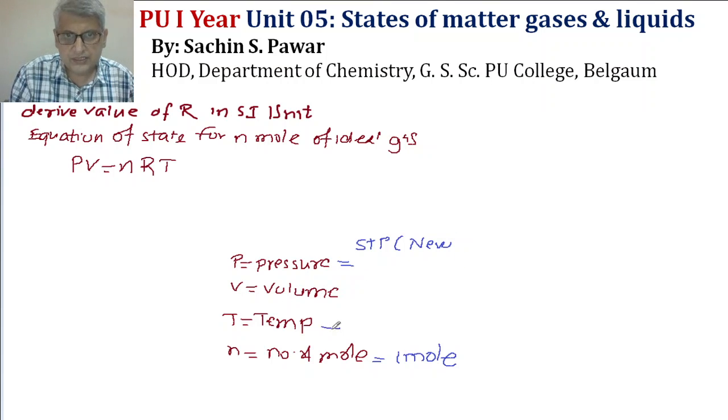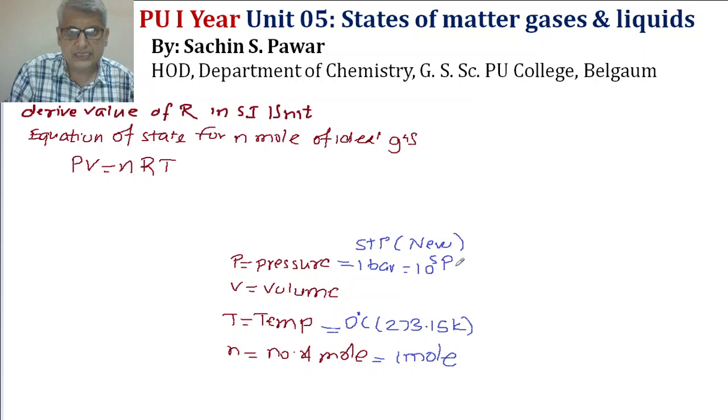Temperature is 0 degrees Celsius, that is 273.15 Kelvin. Pressure we will take as 1 bar, that is 10 to the power 5 pascals.